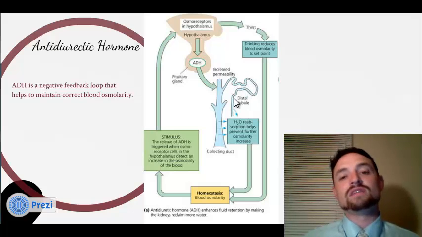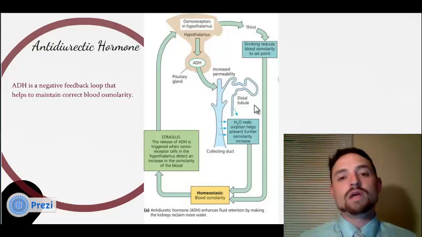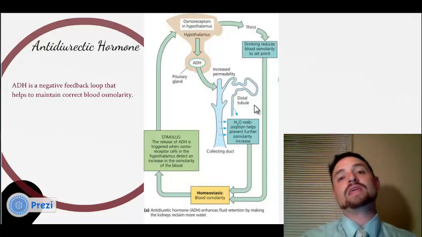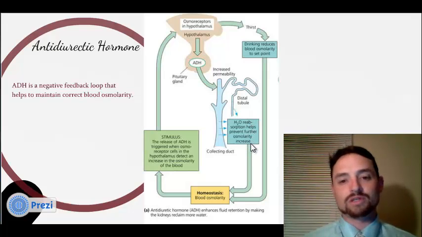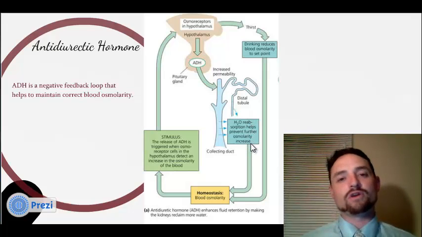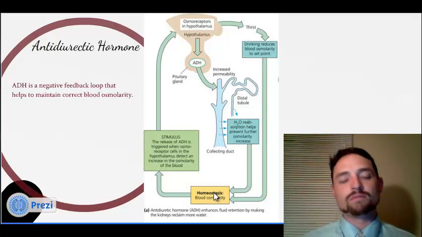ADH causes the distal tube, the part coming up from the loop of Henle, to increase permeability and increase water reabsorption. So you've got water reabsorption that helps to prevent further osmolarity increases, and it brings that homeostasis of the blood osmolarity back to where it's supposed to be.